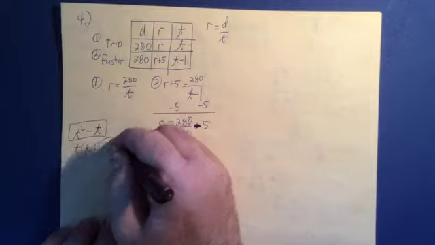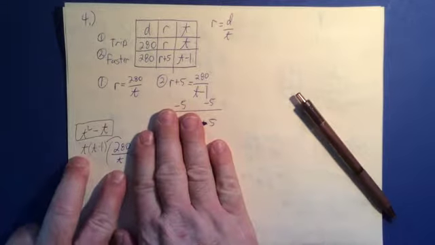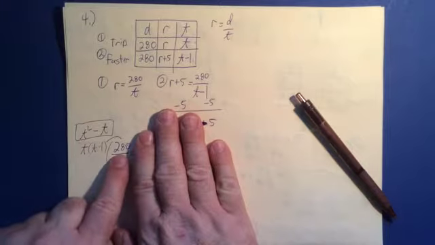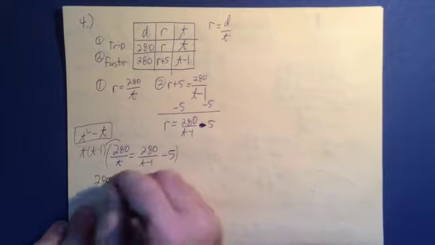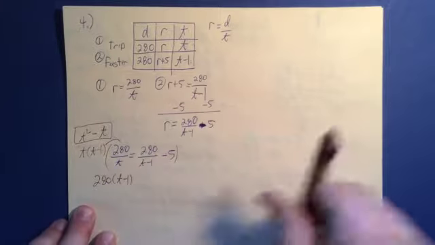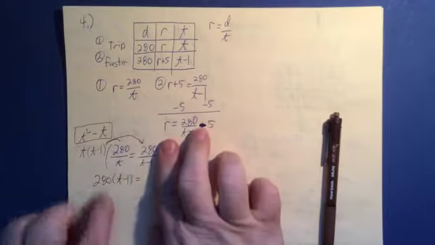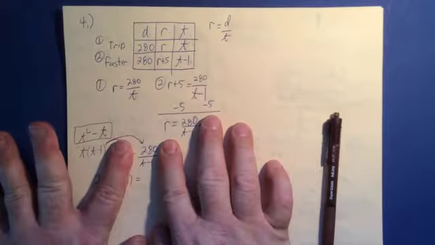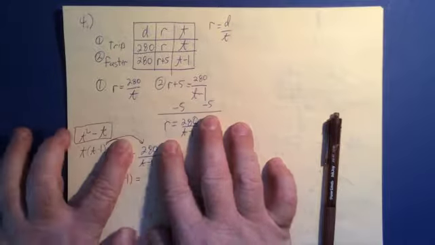So when we multiply just these two items here, we should notice that these two t's are going to cancel, leaving us with 280 times t minus 1. So this is going to be 280 times t minus 1 equals, here when we multiply these two things together, we should notice that the t minus 1's reduce, leaving us with 280 times t.